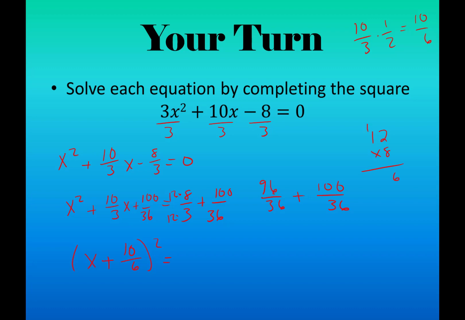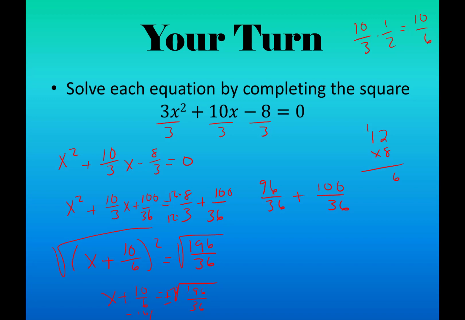Alright, so I would actually have 196 over 36. I know that reduces down. I'm not reducing it down right now. I want to take the square root. I want to say x plus 10 over 6 equals the square root of 196 over 36. Again, I know it reduces down. It's going to be a plus or minus of it.